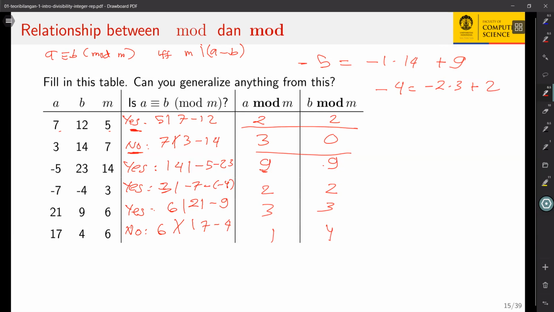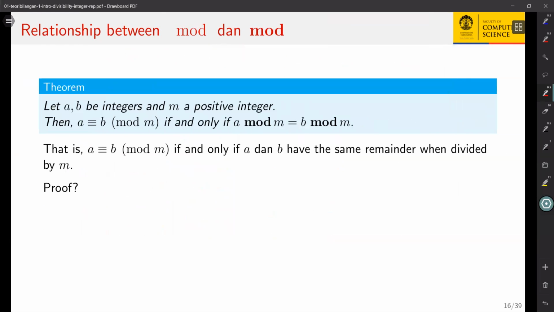So this could be formalized as this theorem. A is congruent to B modulo M if and only if the remainder of dividing A by M is equal to the remainder of dividing B by M. That is, A is congruent to B modulo M if and only if A and B have the same remainder when divided by M, right? Yeah, good.